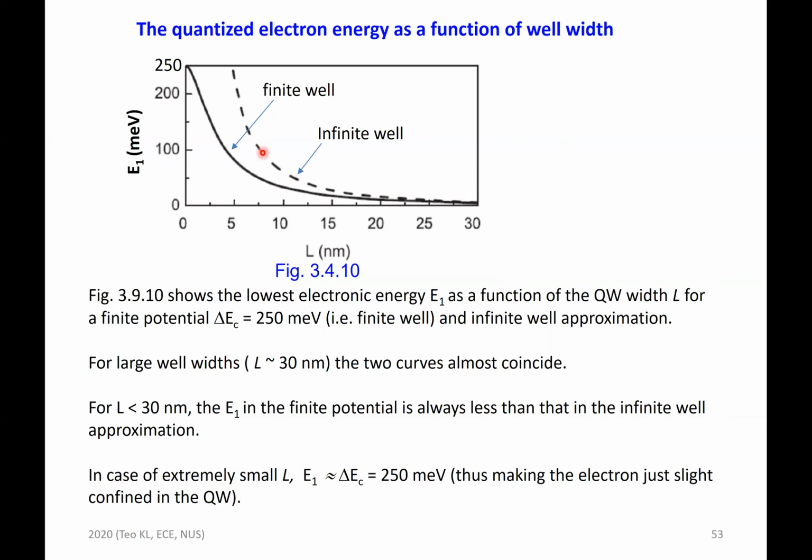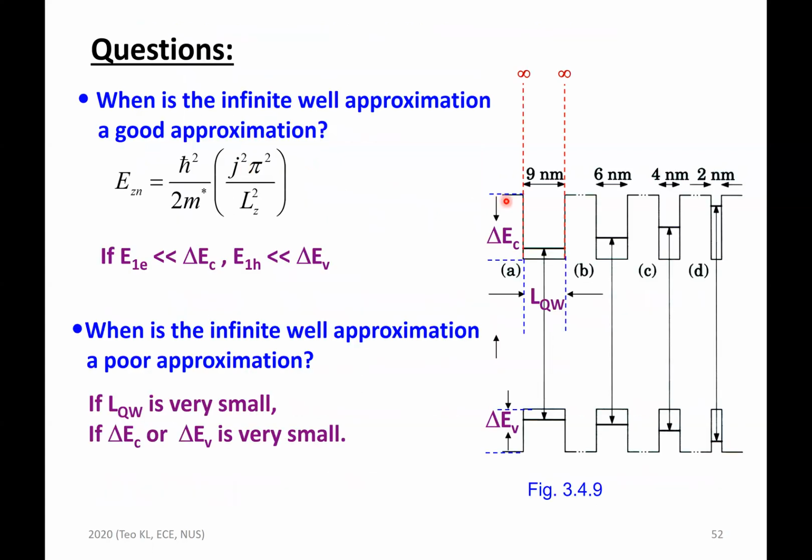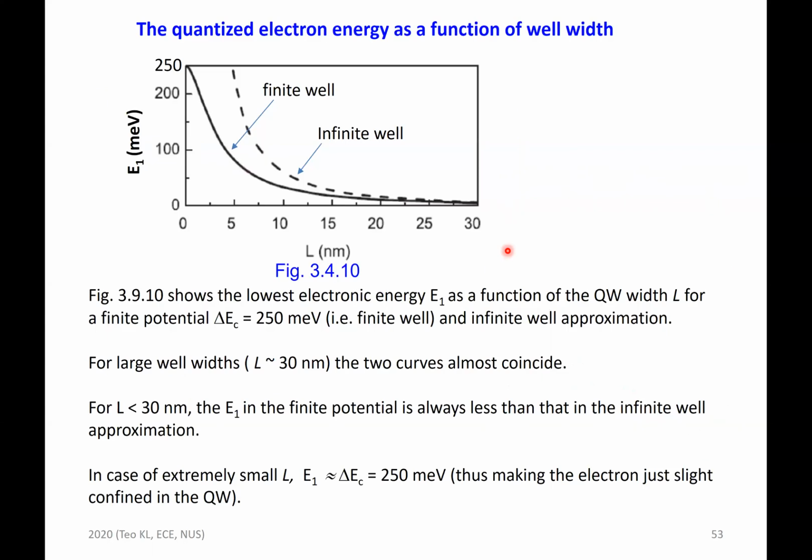The lowest electronic energy is calculated by the infinite well, which is the dashed line, and the other one is by the finite well, which is by graphical means. Let's say the finite potential, delta EC, is about 250 meV for this case of the finite well.